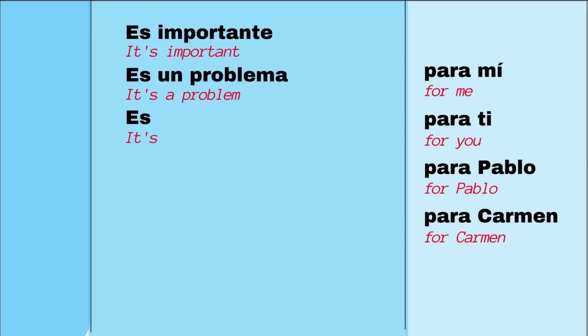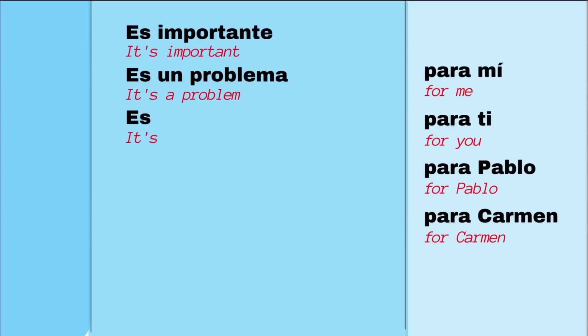I think we can guess that that is for Pablo. And we'll have para Carmen, for Carmen. Okay, so para mí, para ti, for me, for you. Para Pablo, for Pablo. Para Carmen, for Carmen.